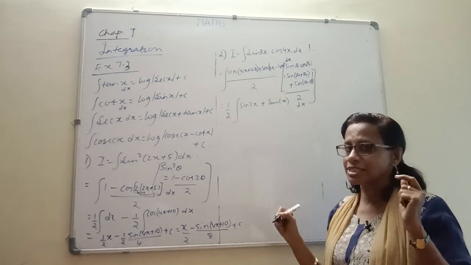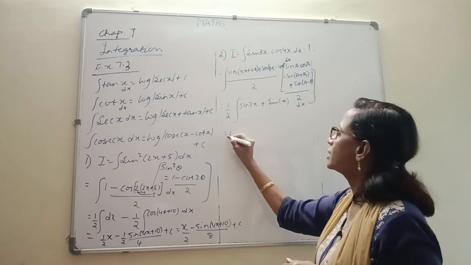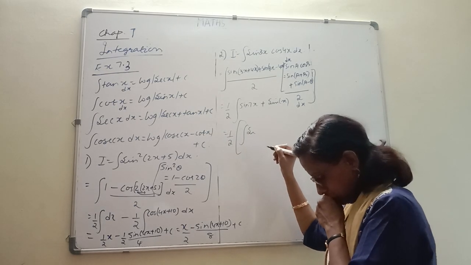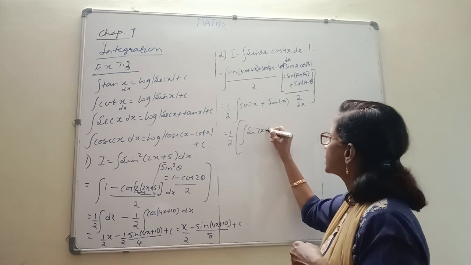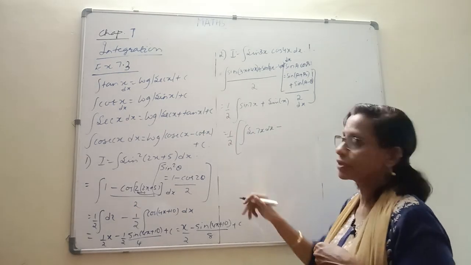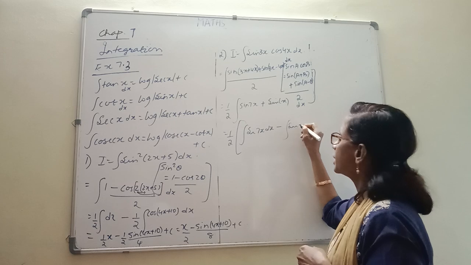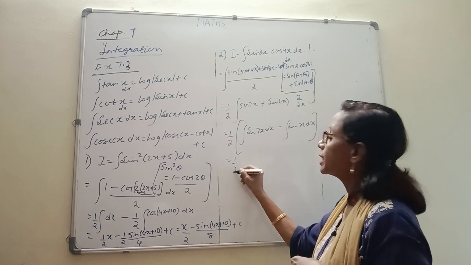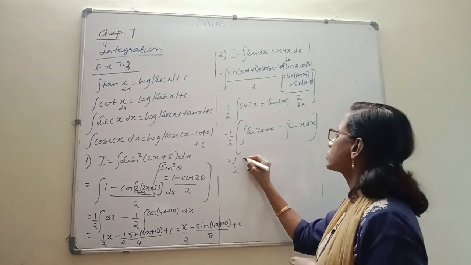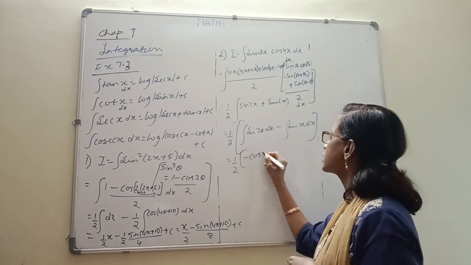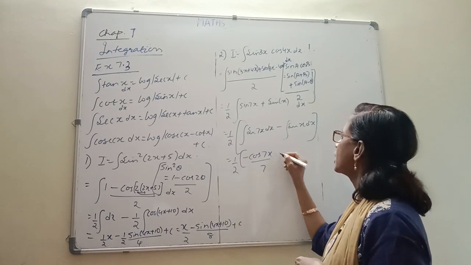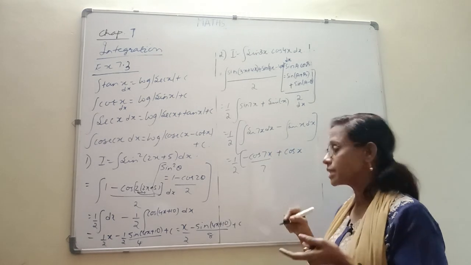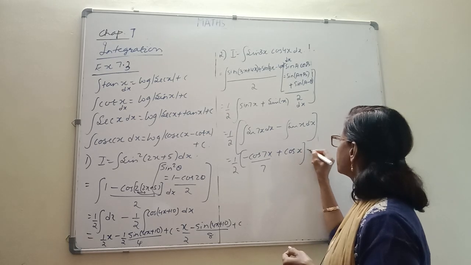Now we know sine of minus theta is minus sine theta. So when we write it, it's going to be half, integral of sine 7x dx minus integral of sine x dx. When we further simplify, the sine integral we know is minus cos. So it's going to be minus cos 7x over 7, and plus cos x, because minus and minus, with no coefficient, plus c.